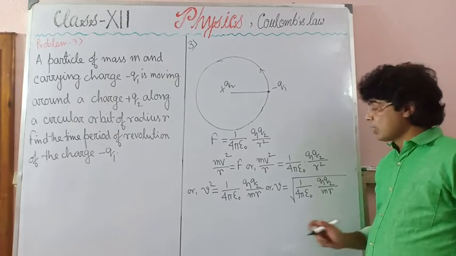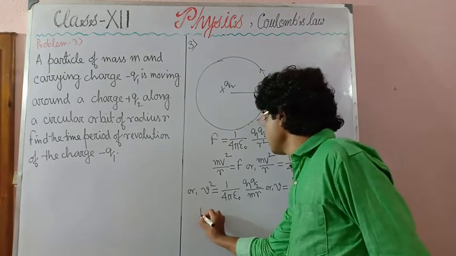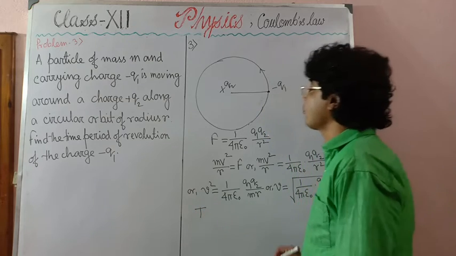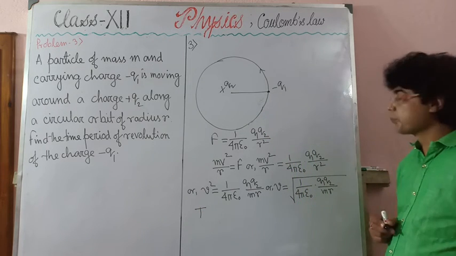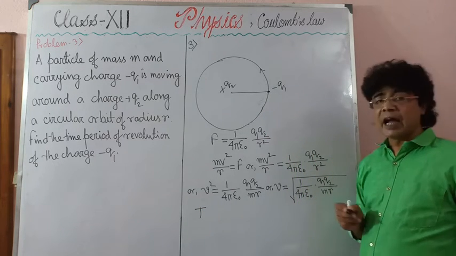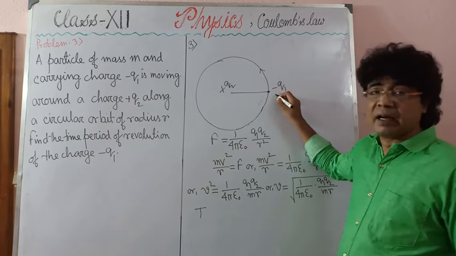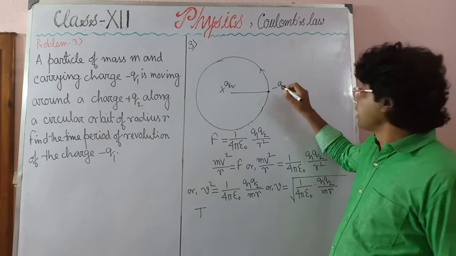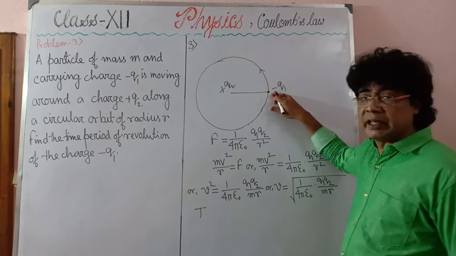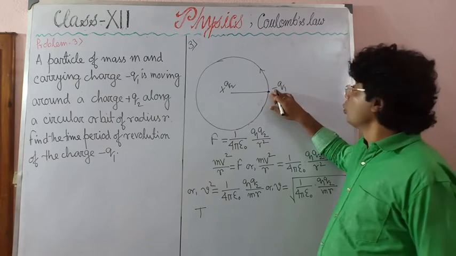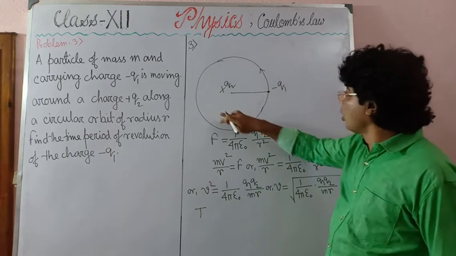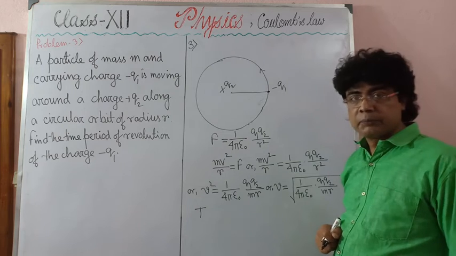Suppose capital T is the time period of revolution. Here time period means time taken by this charged particle to make one complete revolution.